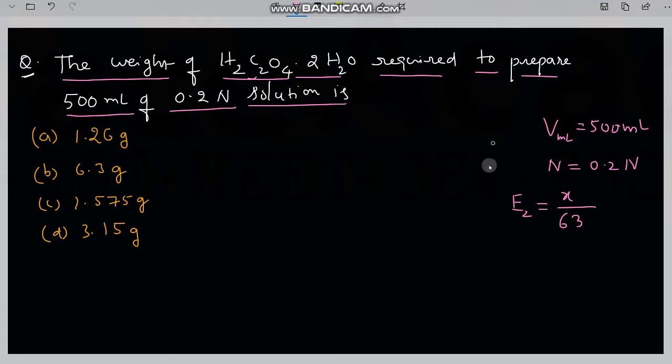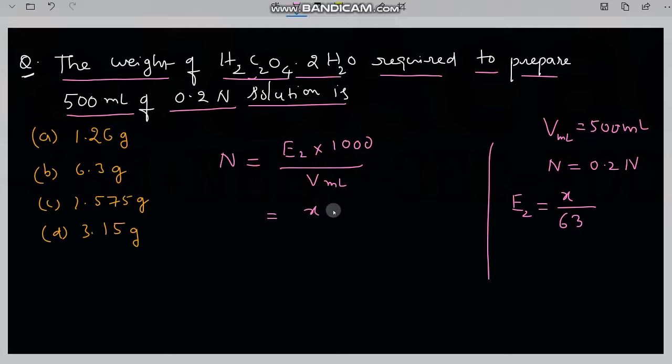What is the normality formula? Normality is equal to the number of gram equivalent weights into 1000 by the volume of the solution in milliliters. If you substitute, you will get X into 1000 divided by 63 into the volume of the solution, 500, which is equal to 0.2.